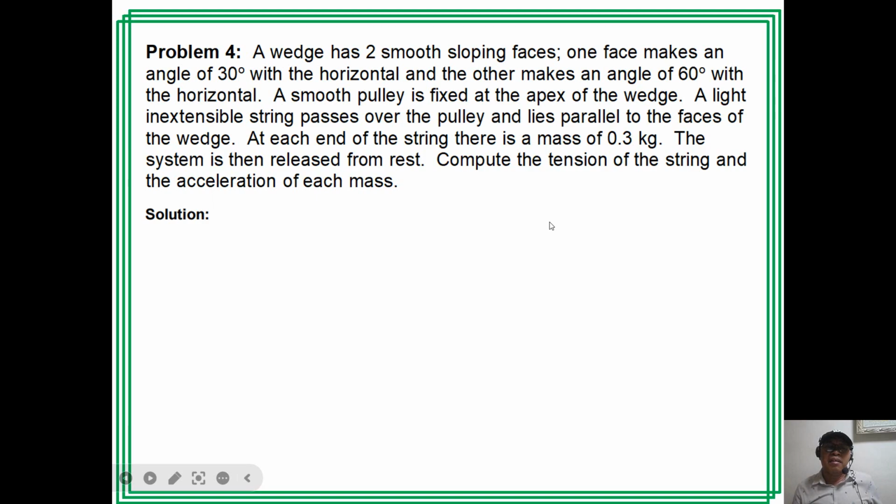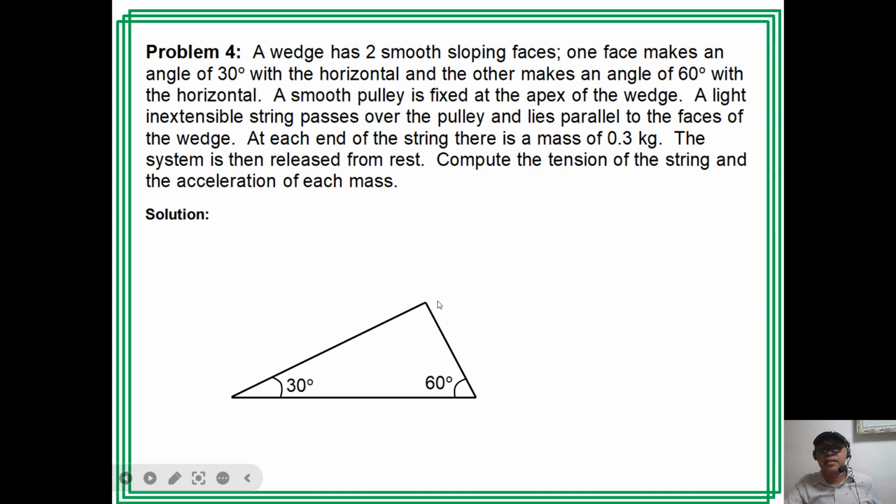Okay. So, in math, most problems are worded, no figure given, no? So, if the problem is worded, then we have to draw the figure correctly, no? So, there is a wedge with two smooth sloping faces. One face makes an angle of 30 with the horizontal, the other 60 with the horizontal. So, this is the wedge, no? At the apex, meaning at the vertex, there is a smooth pulley.